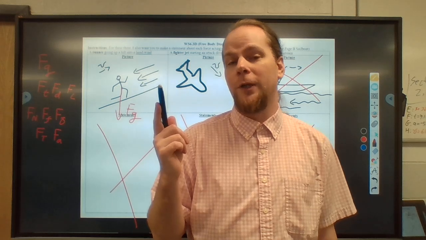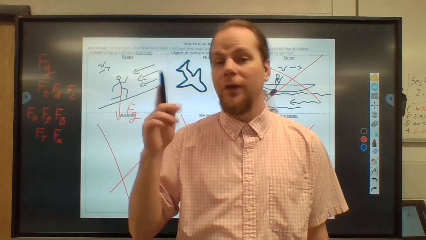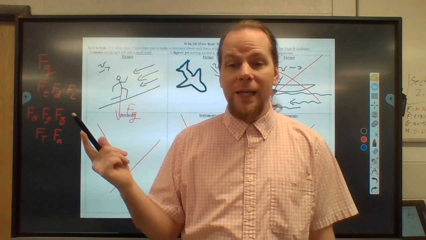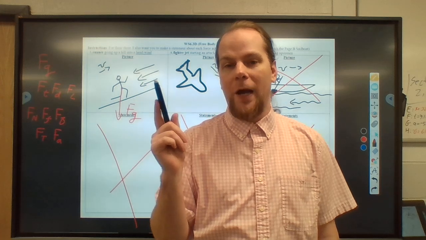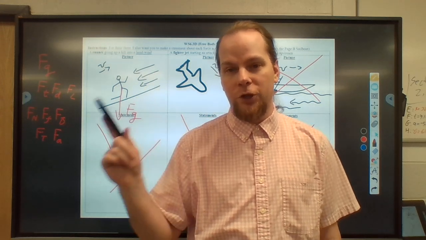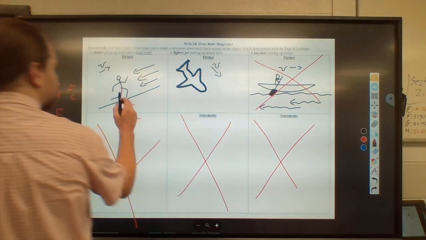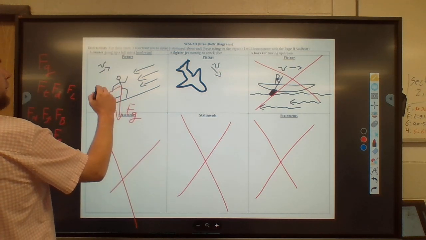When someone is running into or with the wind, drag becomes measurable. It's a significant effect. So he is going to be experiencing drag. The drag is going to be pushing against him because he's running into the wind. So that's going to be this way, parallel to the ground, pushing him backwards.